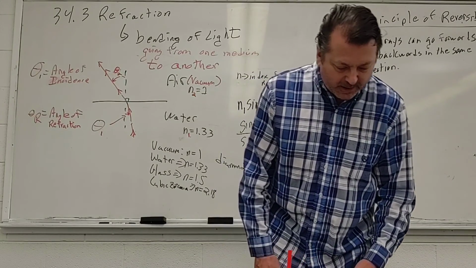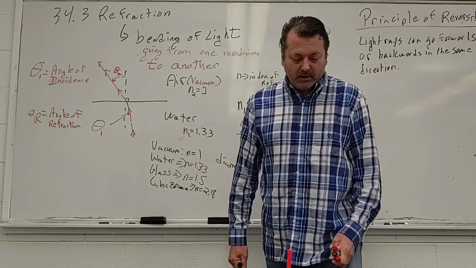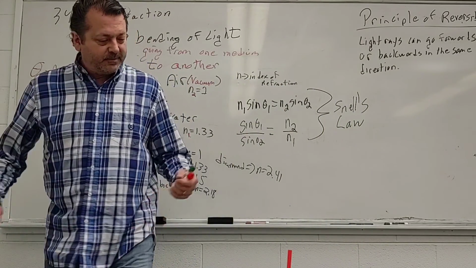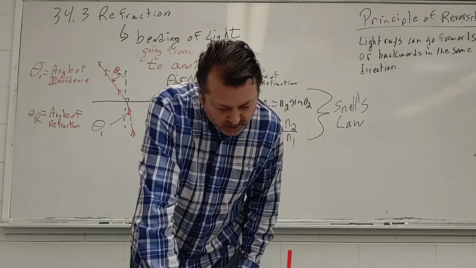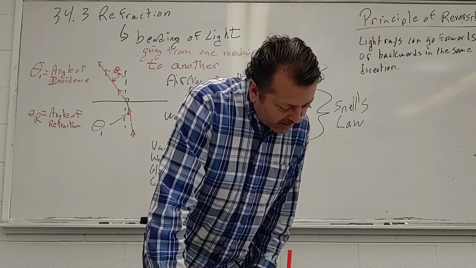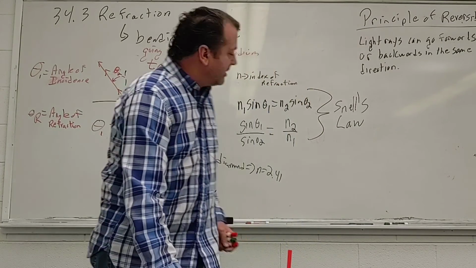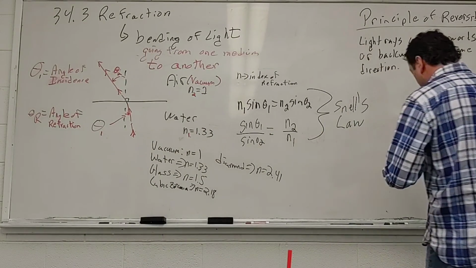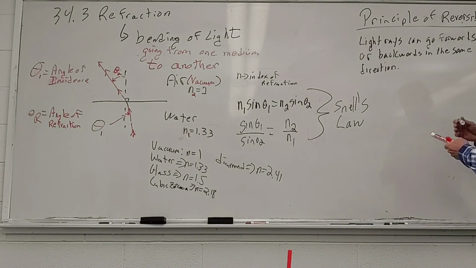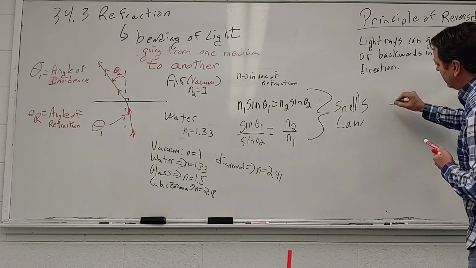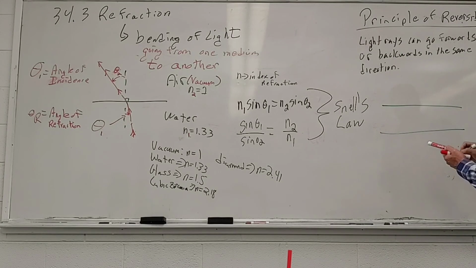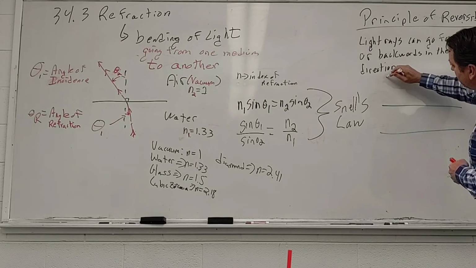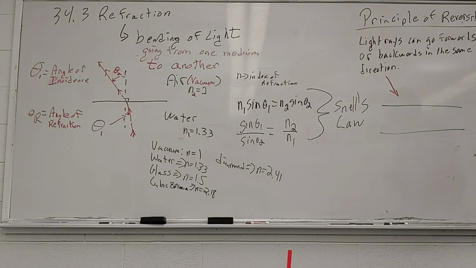The book does an example of deflecting a laser beam. That's actually a pretty good example in your book, deflecting a laser beam. One thing I want you to notice, and I just did one side here. Let's look over here. So say we take a slab of glass, and we're going to send light from here all the way through this slab of glass.